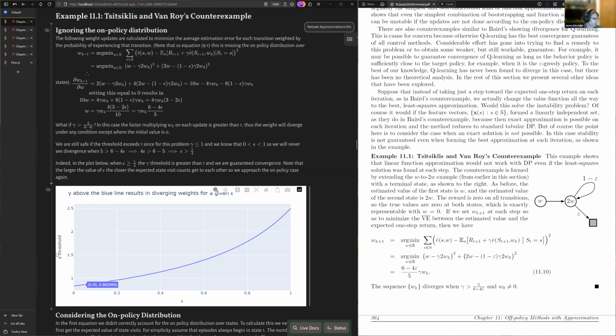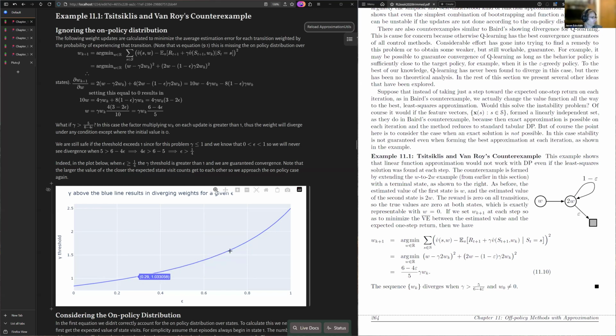What's being shown here is, for different values of epsilon, remember epsilon is this probability here, the probability of transitioning into the terminal state. If epsilon is greater than 0.5, like over here, then the gamma threshold where this is unstable is over 1.